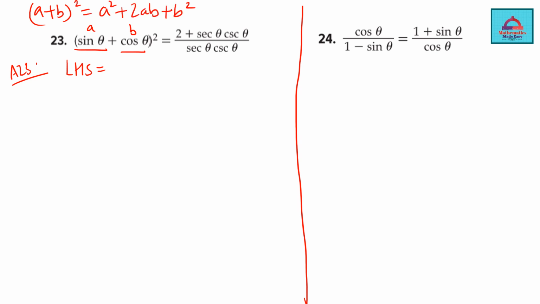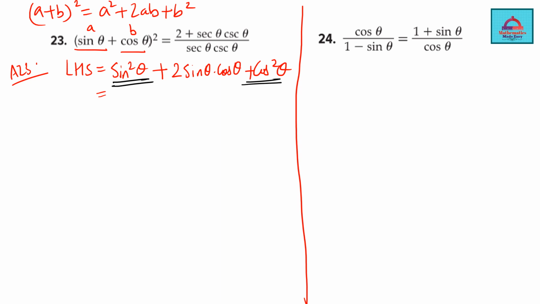When I do that, I get sine square theta plus cos square theta plus 2 sine theta cos theta. After using algebra, I can use Pythagorean and combine sine square theta plus cos square theta equal to 1.